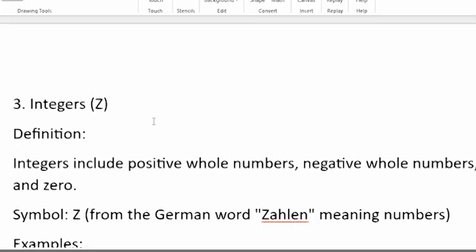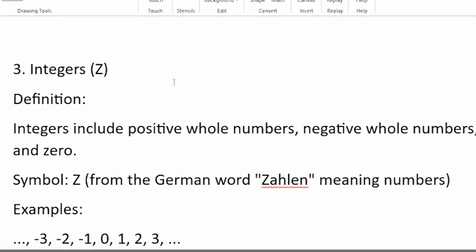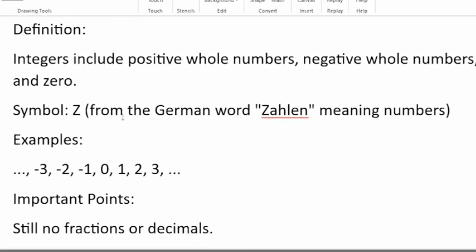The third type of number, integer numbers. What are integer numbers? Definition: integers include positive whole numbers, negative whole numbers, and 0. Symbol Z, taken from the German word Zahlen, meaning numbers.